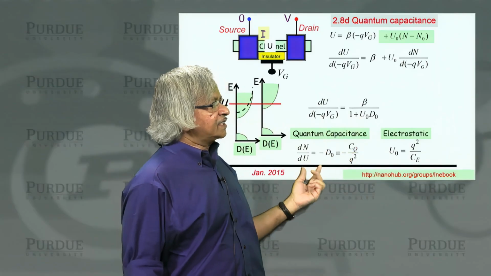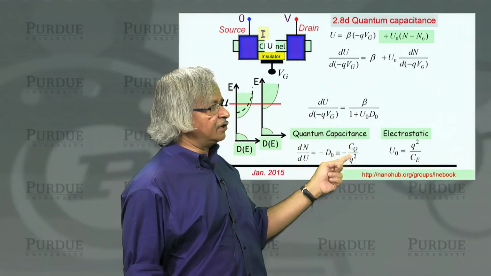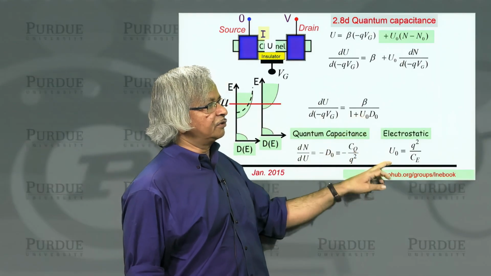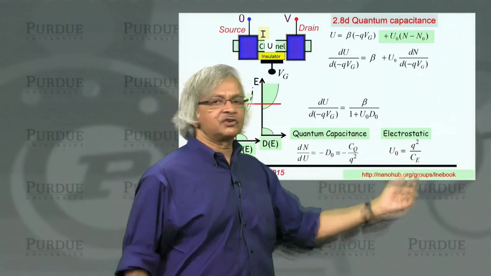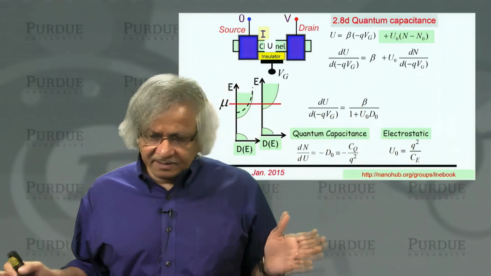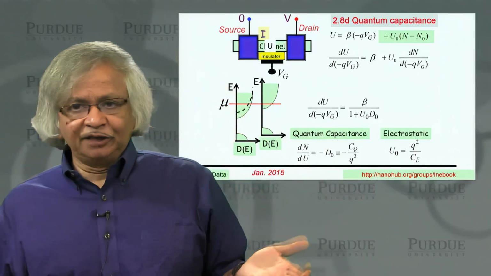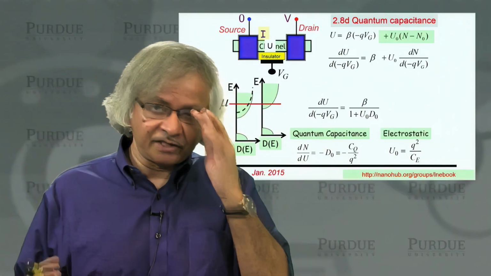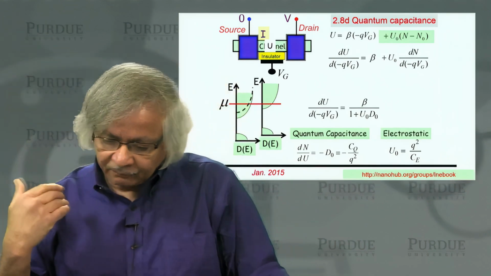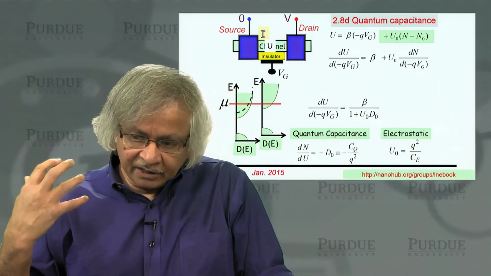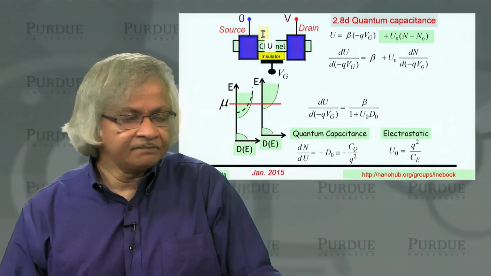And just as D0 can be written as C over q squared, U0 could be written as q squared over C. But the point is, this is all electrostatic in origin. It is basically just the repulsion between electrons, this electron-electron interaction. It's just basically the simplest model for taking into account the interaction between electrons.